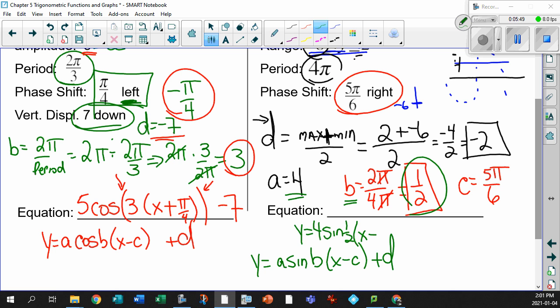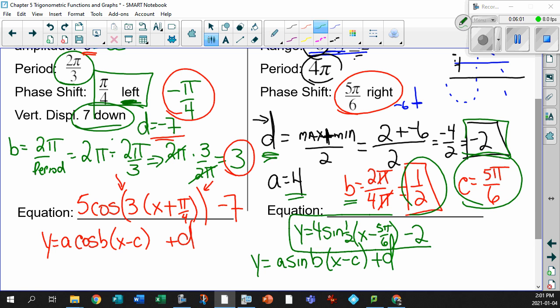There it is, 5 pi over 6, plus the D value. The D value we figured out here. Oh, minus 2. There's our equation. La-di-da. A lot nicer, isn't it? As soon as you figure out the A, B, C, and D, this becomes a walk in the park.